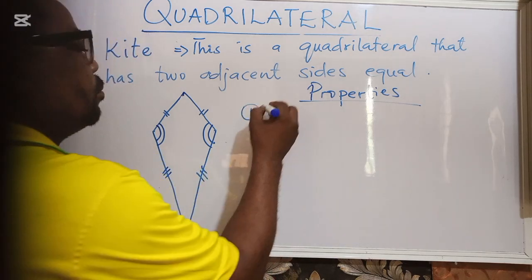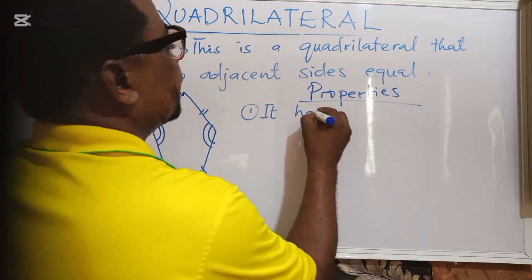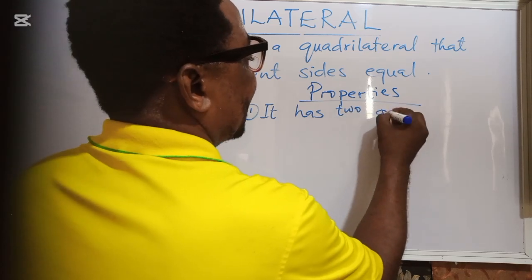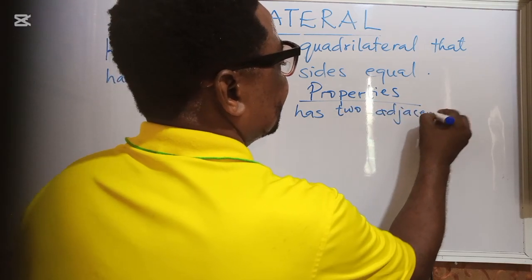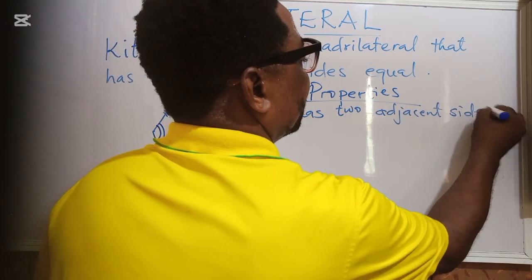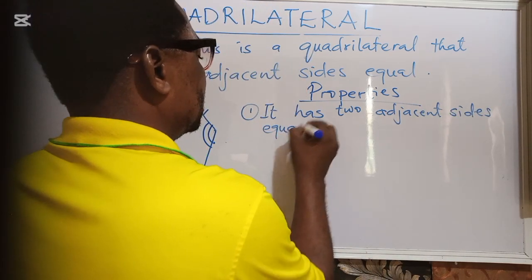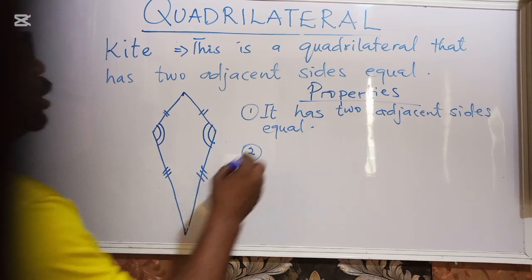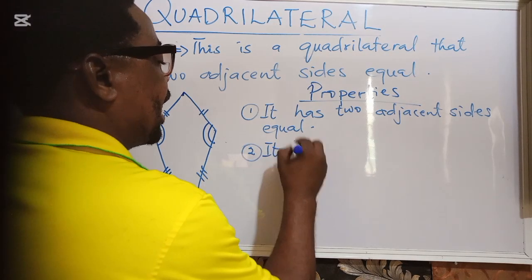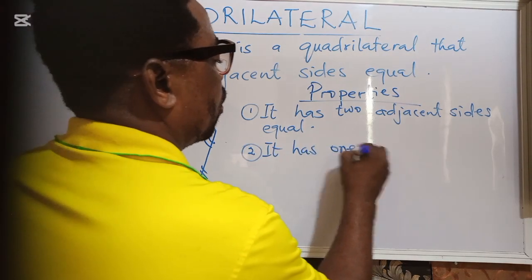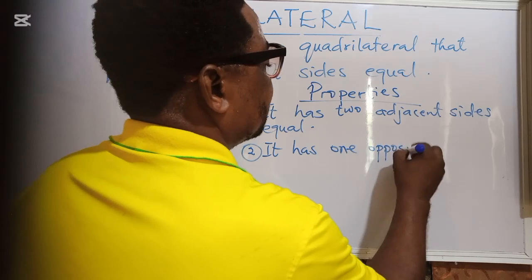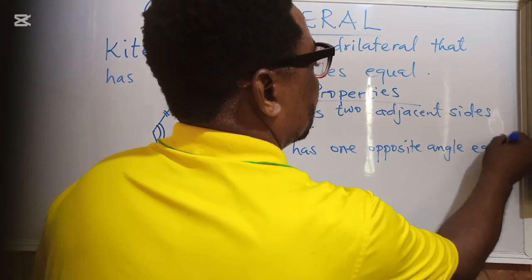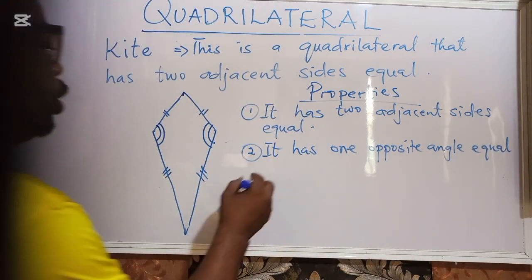Number 1, from its definition, it has 2 adjacent sides equal. Number 2, it has 1 opposite angles equal.